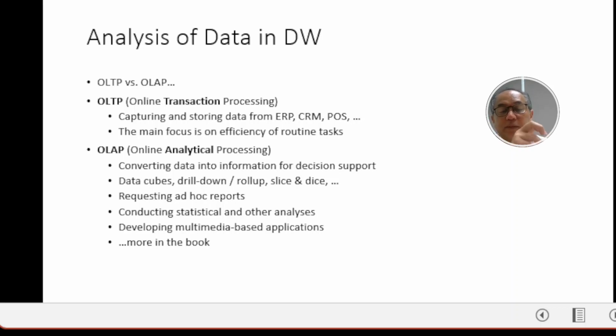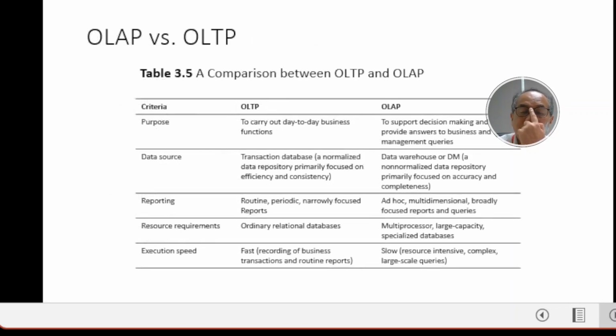How do you convert data into information so it can help you with decision support. You look into data cubes, you can drill down, roll up, and you slice and dice your data. You can request ad hoc reports. You can conduct statistical and other analysis. You can develop multimedia-based applications, and so on. Yeah, this is comparing OLTP and OLAP.